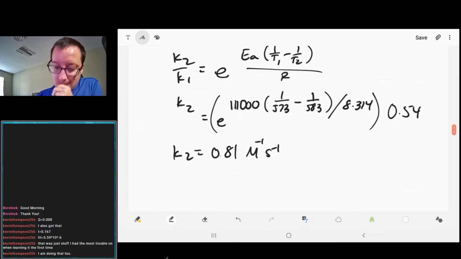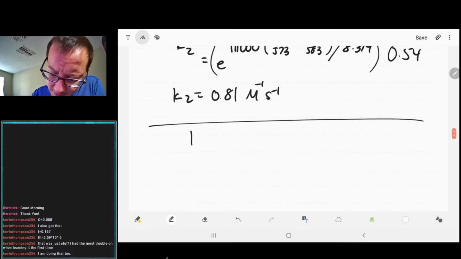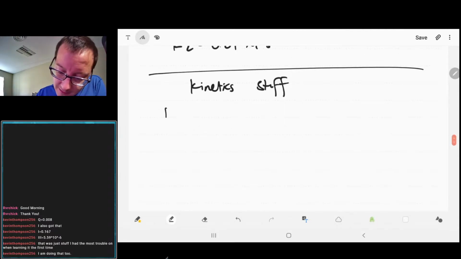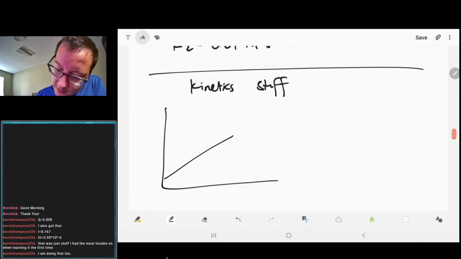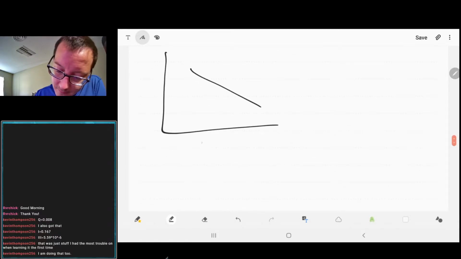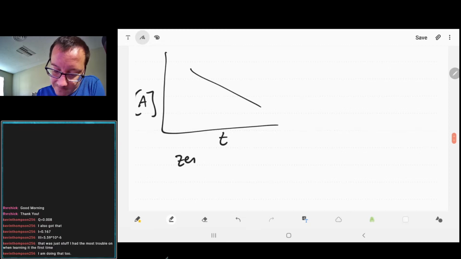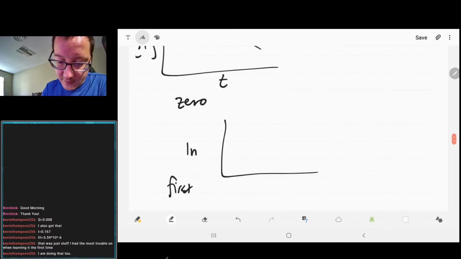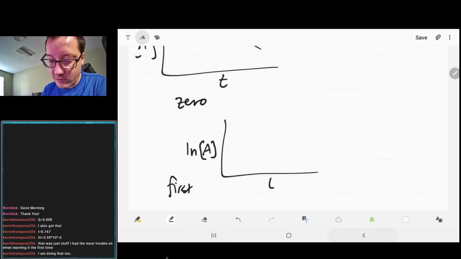Let's see. Just find other kinetic stuff. Remember, a zero order reaction, actually it'll be linear. If you're looking at a zero order reaction, remember that you're looking at just a downward slope when you look at A over T. If you're looking at a first order reaction, you're looking for the natural log of your concentration.